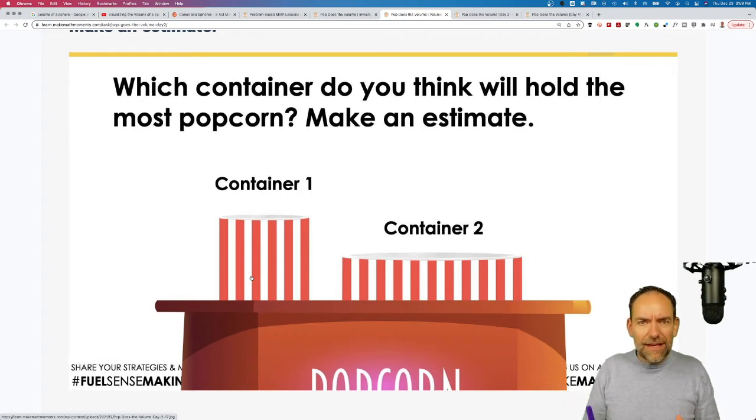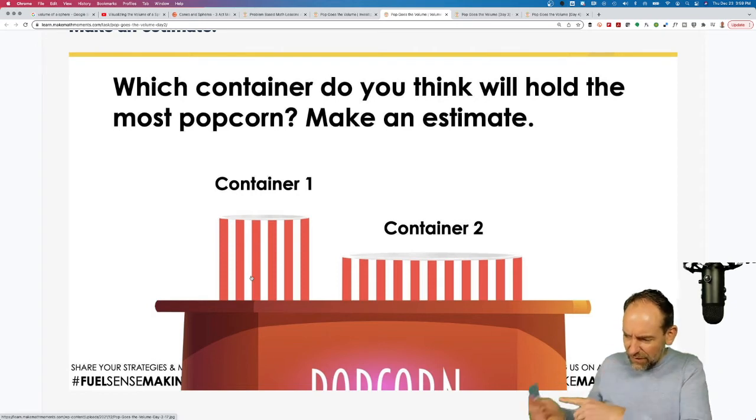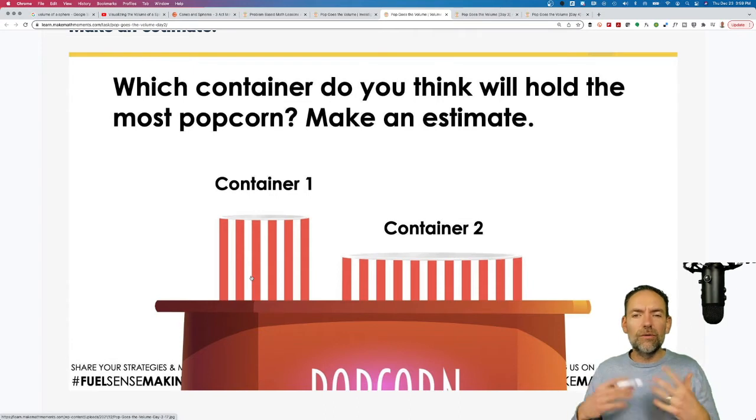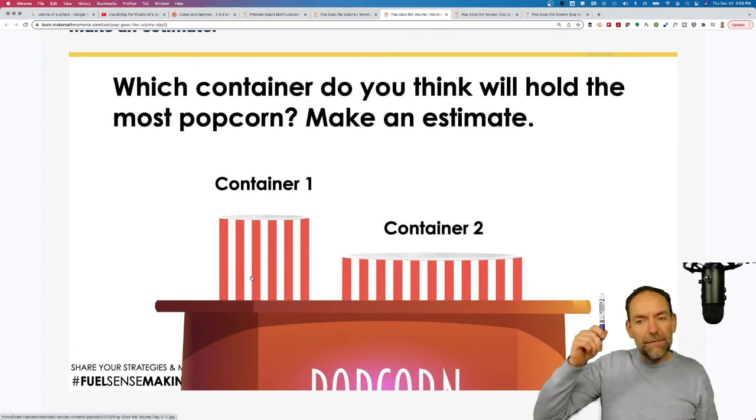You would think if I doubled the width and halved the height, and then on this one over here, I doubled the height and halved the width, you would think it would be the same. But really what we want students to realize throughout this exploration is that when you're varying the height, you're only varying one dimension.